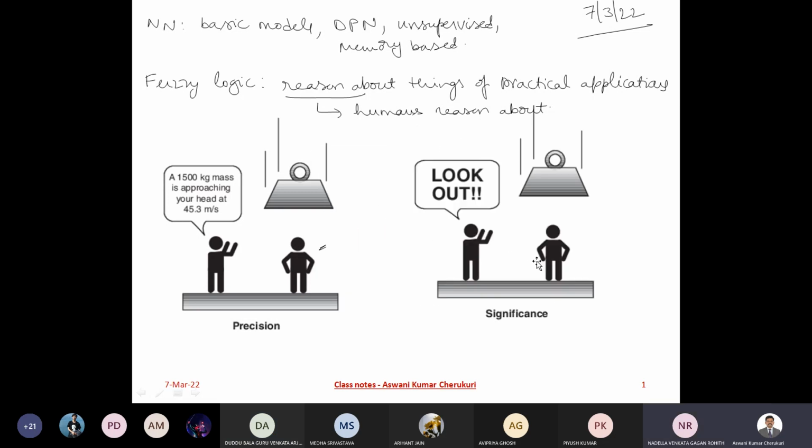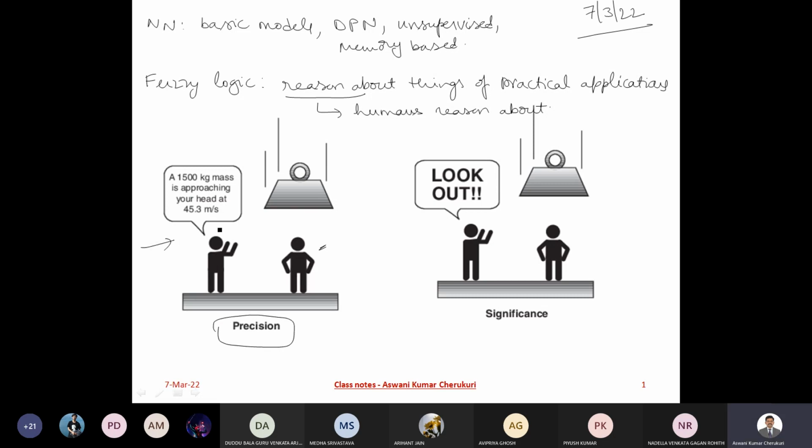Run, run, something like that. The idea is to give an alert. Look out, or somebody says, run away. That's all. You need not be in a precise state of handling things.